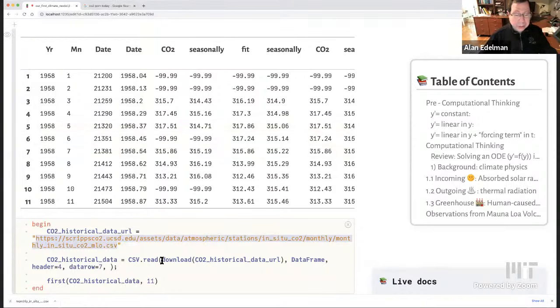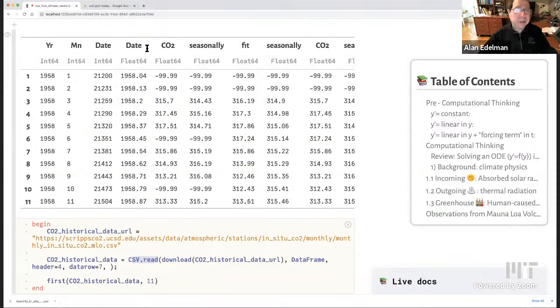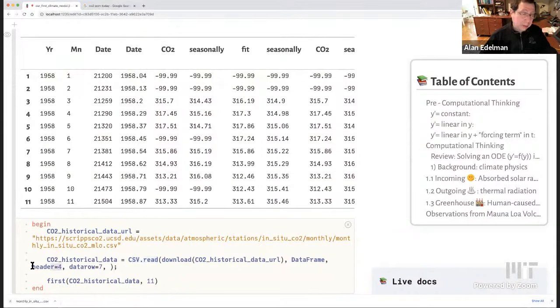So what we're going to do is download the data to my machine, read it into a Julia data frame. It's going to get the header information: year, month, date, carbon dioxide. Actually, it was in the fourth row of that file. If you could see that file, you would see it. And yeah, so that's where the header's coming in.